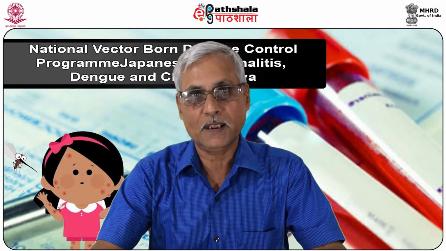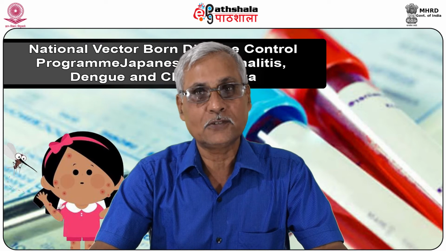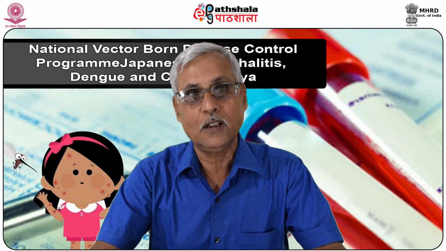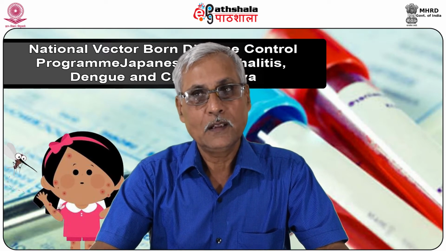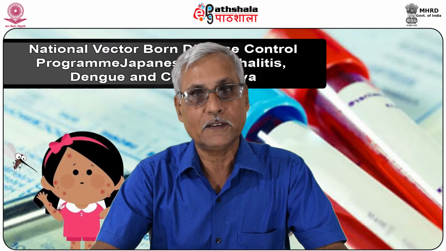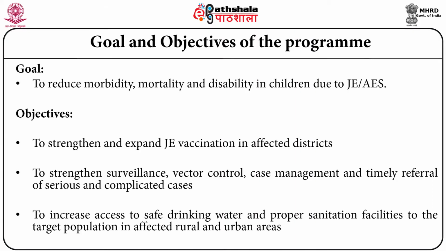Time is essential in public health, and so it is in the case of JE. If mortality has to be cut down, cases must be referred as early as possible to the institutions. And for this purpose, strong IEC drives for the committee members and available facilities have to be there. To increase access to safe drinking water and proper sanitation facilities to the target population in affected rural and urban areas.